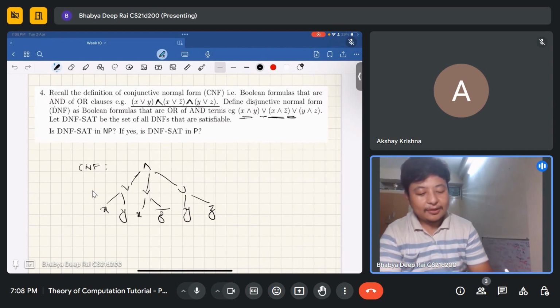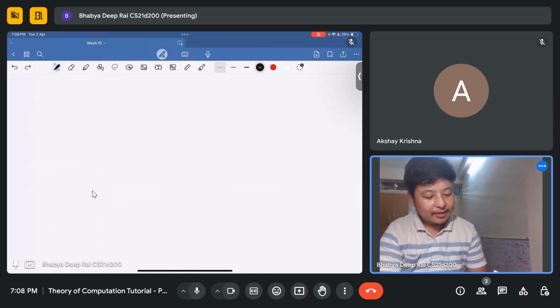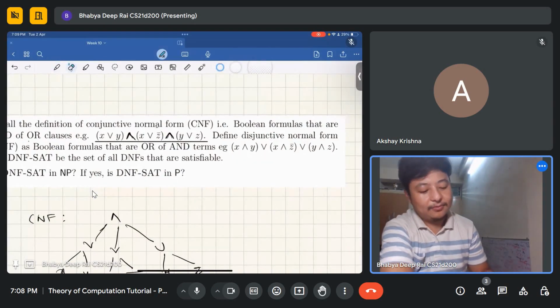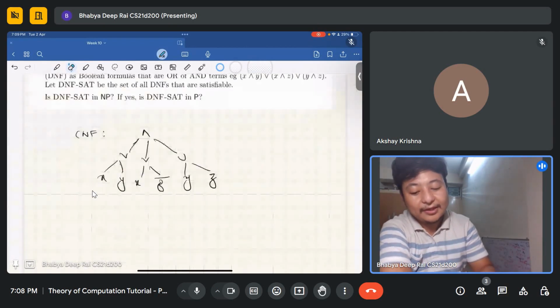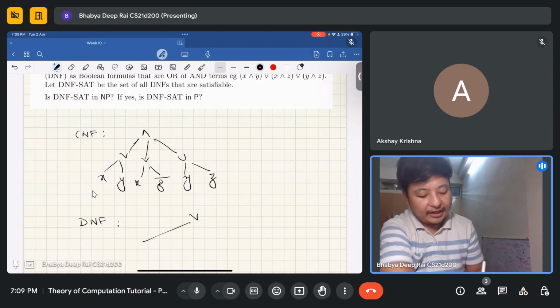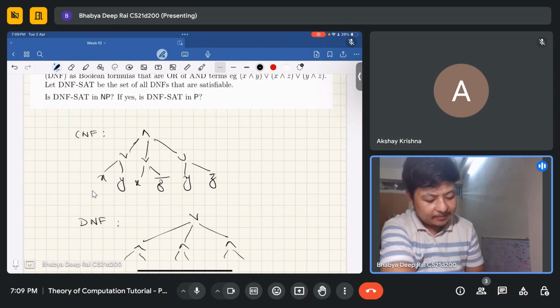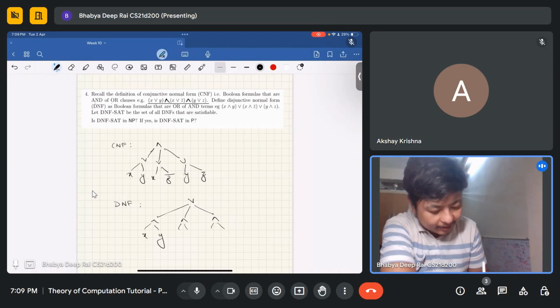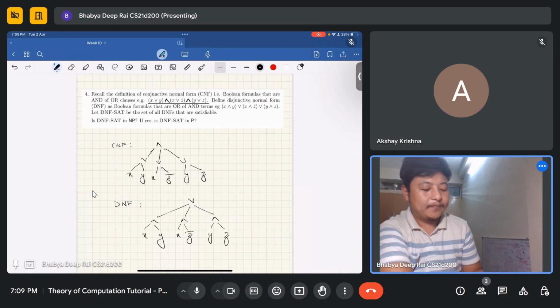In other words, I'll do AND first, then I'll do OR. Before, we were doing OR first, then AND. For example, here DNF is OR and top gate is OR, bottom gates are AND. So this expression is x and y, x and z complement, y and z.